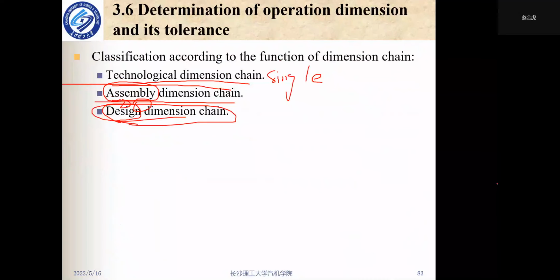The first is the typological dimension chain, where the dimension chain is formed by some related dimensions of a single component; the assembly dimension chain, which is formed by some related dimensions of different components or parts in the assembly process; and the design dimension chain, which is formed by some related dimensions in a part design joint.